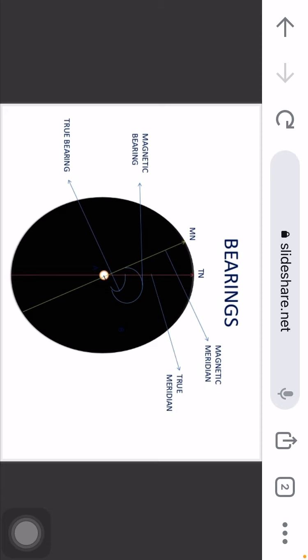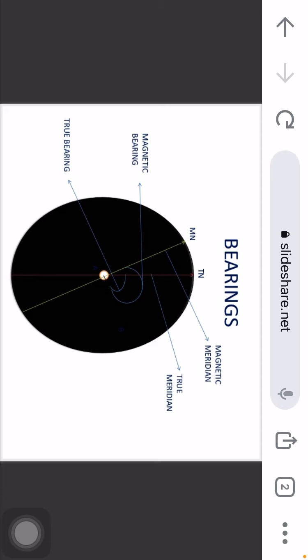The earth has some gravitational force and some magnetic power in it. Because of the magnetic power, the meridian deviates from the true meridian to some extent, and that we call the magnetic meridian. The bearing which we measure using the magnetic meridian is called magnetic bearing.